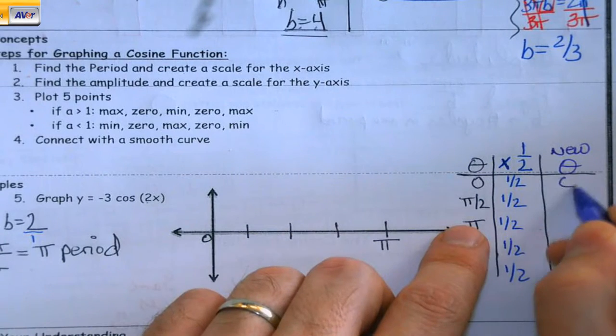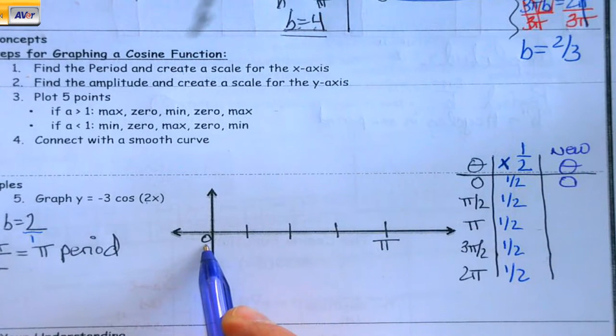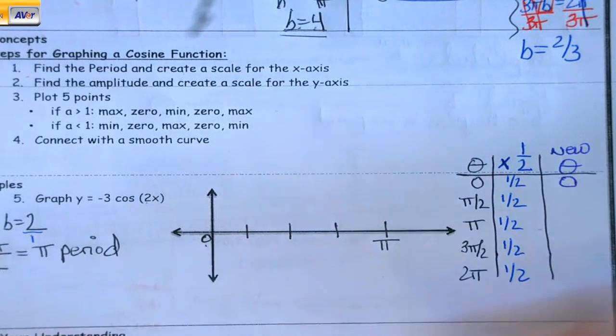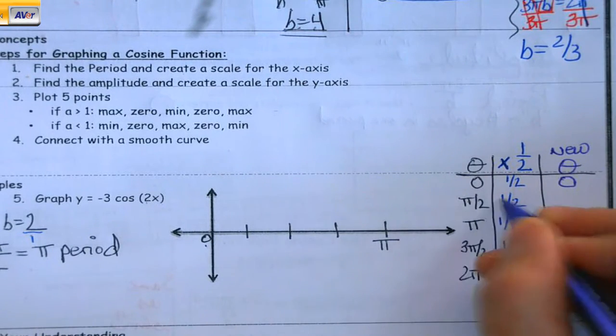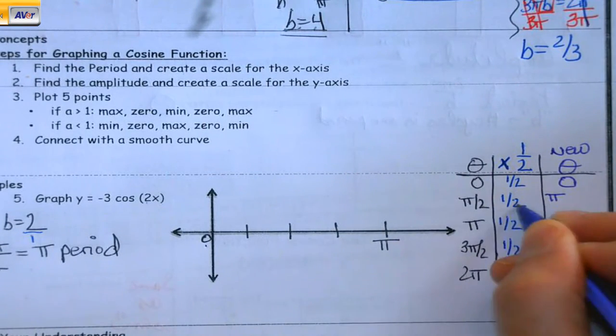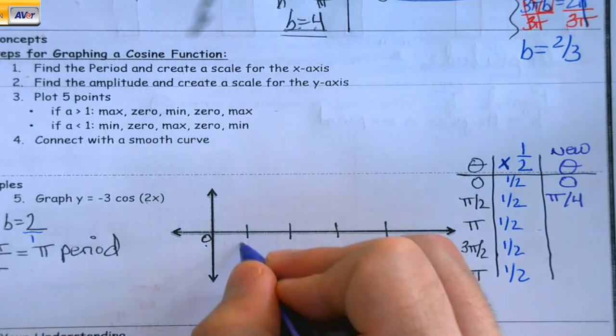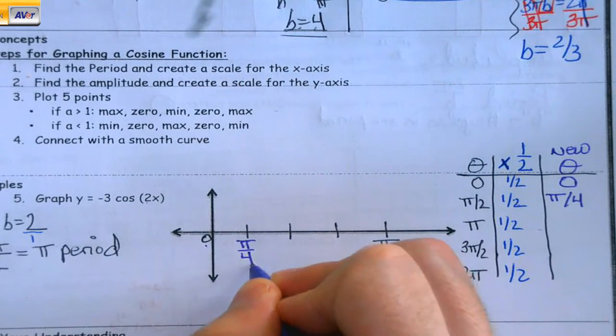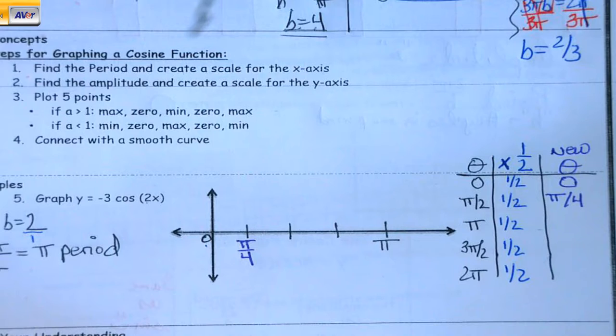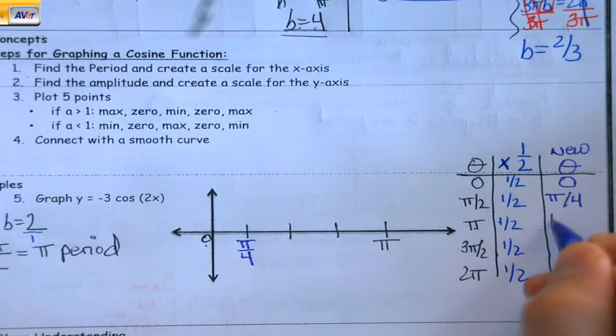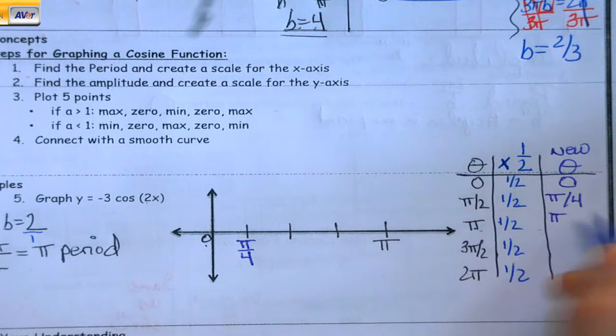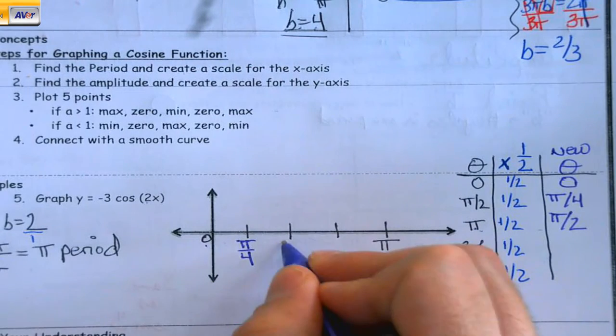So here, 0 times a half is 0. Well, I already knew that. I had that one in here. Here, if I multiply across, pi times 1 is pi. 2 times 2 is 4. That's my first line. Pi times 1 is pi. 1 times 2 would be 2.